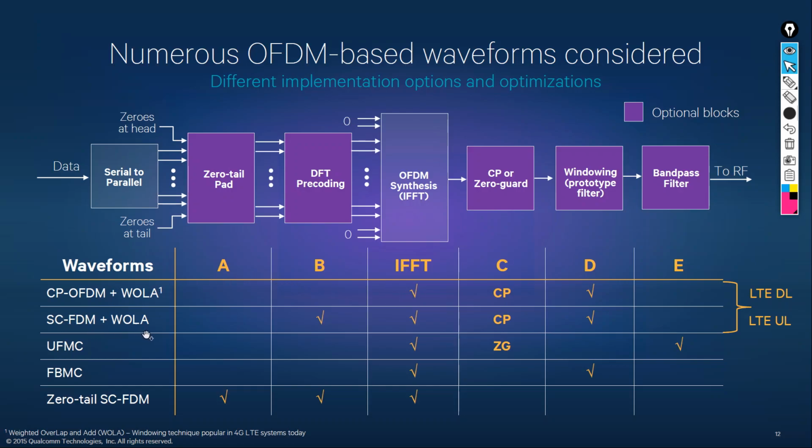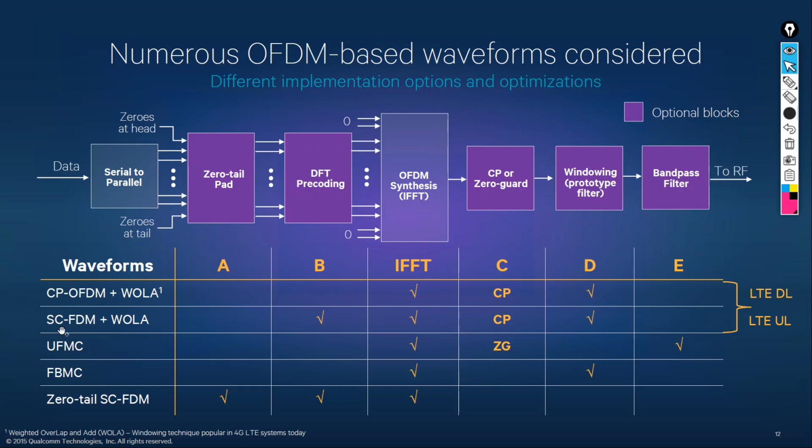Now single carrier FDMA, single carrier FDM with WOLA. Do we use DFT precoding? Yes. This is the key difference between OFDM and single carrier FDMA. Before IFFT, you use DFT at the transmitter, and at the receiver you do the same: after FFT, you use IDFT. Clear? This is the difference.